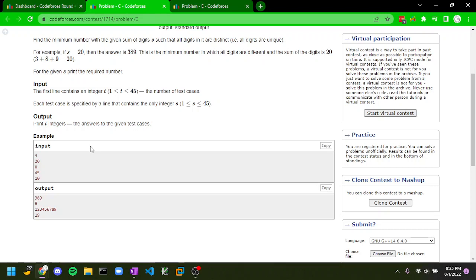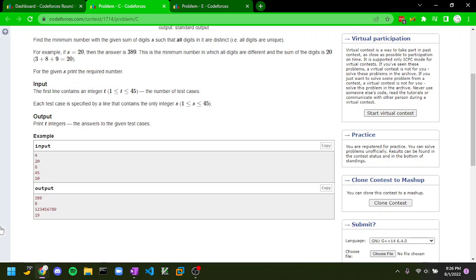So in this problem, all you need to do is build it iteratively. So you start at the last number and then you build it this way, because we're trying to find the smallest number where the sum of all their digits is smallest.